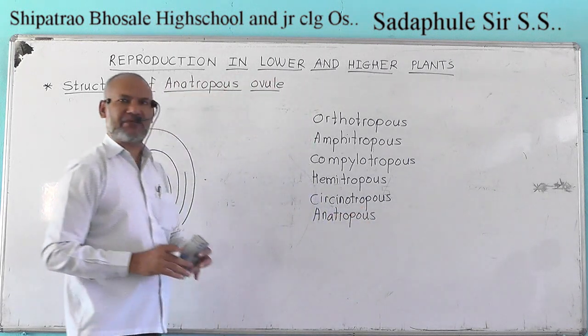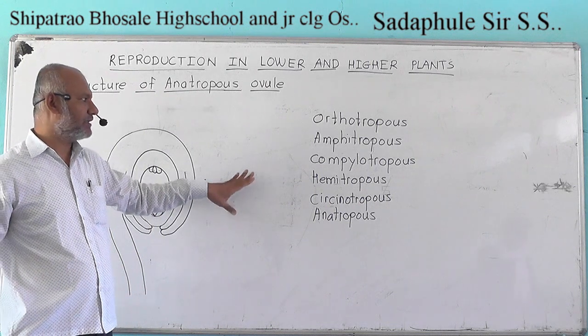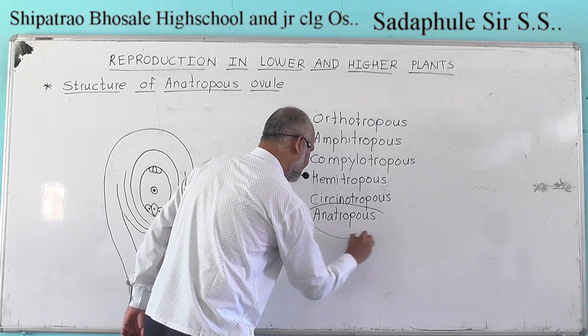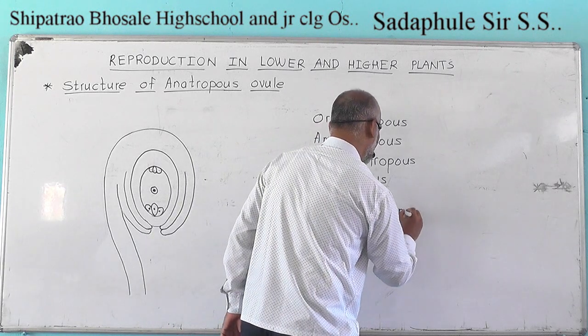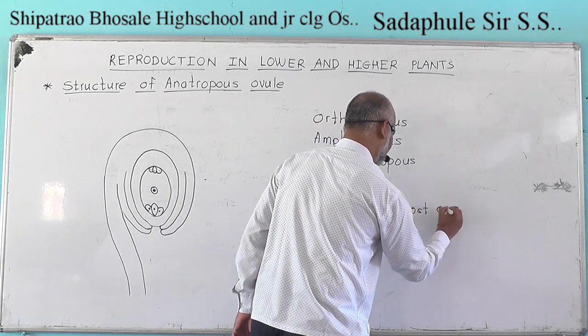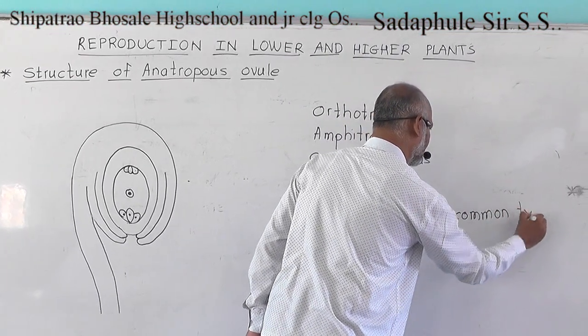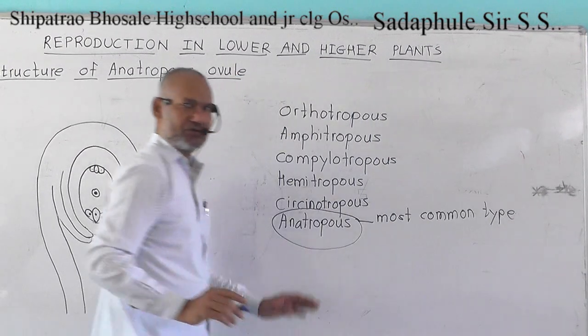There are various types of ovules, but out of these, anatropous ovule is the most common type in angiosperms.